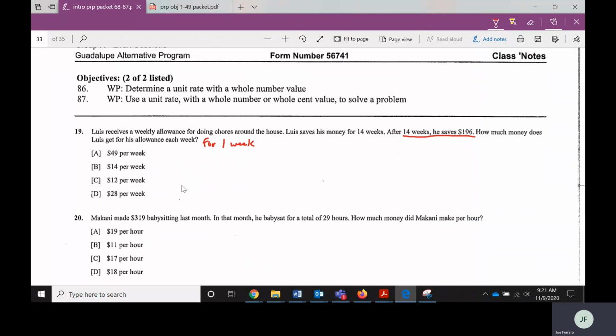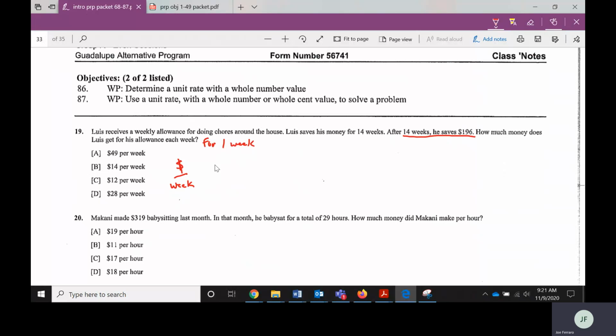If we take the unknown pair and the parts of the unknown pair, it's money and weeks. You could solve this either order, money over weeks or weeks over money, but when the answers are given money per week, we want what it says first on top and what it says second on the bottom.